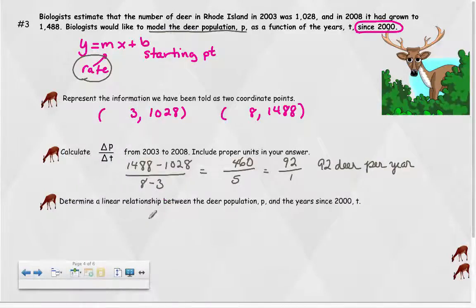I have a slope, 92 deer per year, plus, they didn't tell me where I started, because remember, they wanted me to start in the year 2000. They didn't tell me how many deer were in the year 2000. They didn't tell me my starting point. What do I do when I don't know my y-intercept? I have to figure it out. So I'm going to use the shortcut.